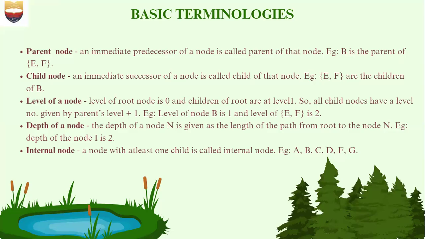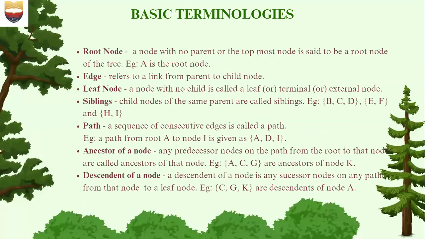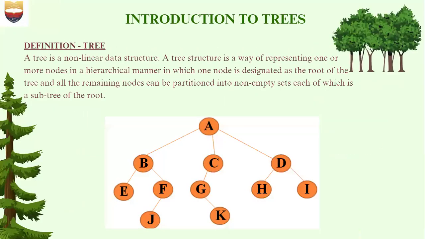Okay. How can we calculate the depth of a node here? In order to determine the depth of a particular node, we have to choose the path from the root node to that particular node. Okay. And here what is given? We have to determine the length of the path. We have already seen what is a path. A path is nothing but a sequence of edges, right?